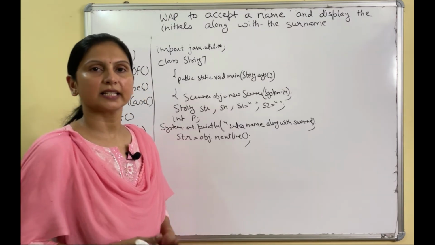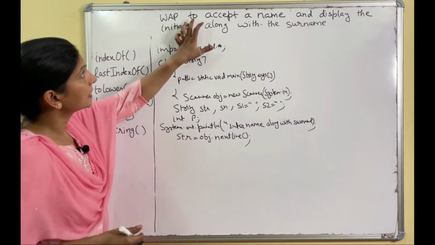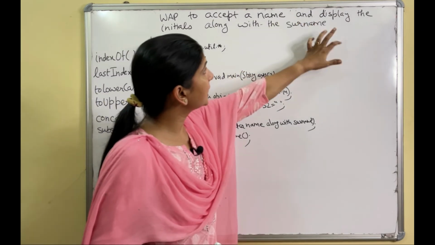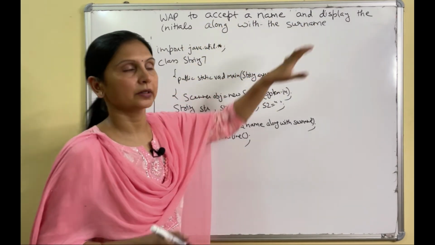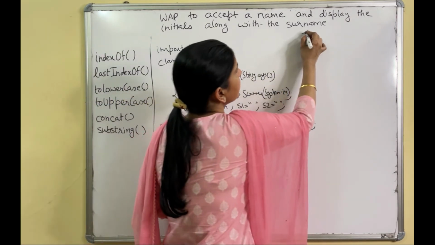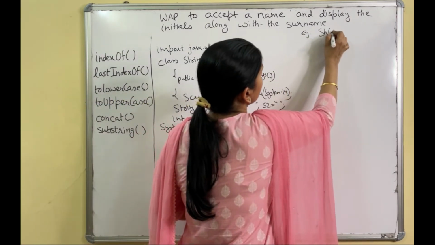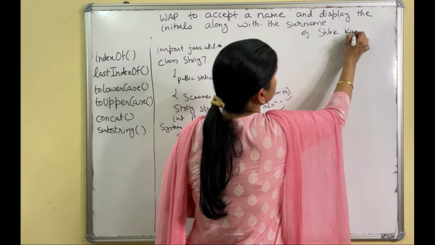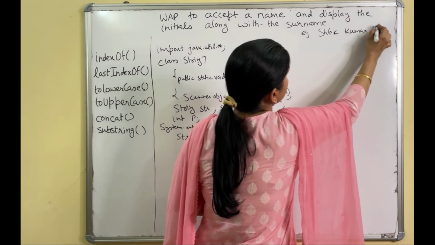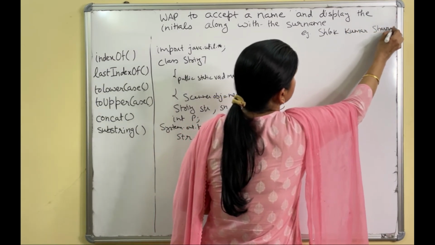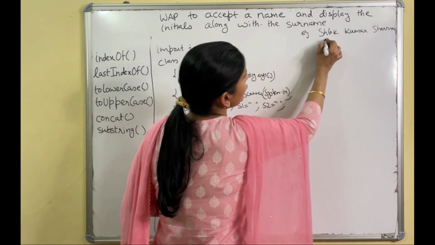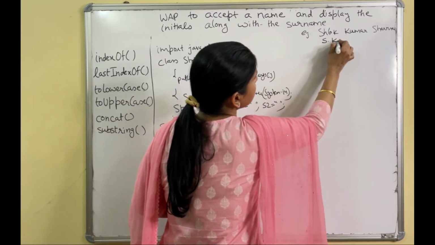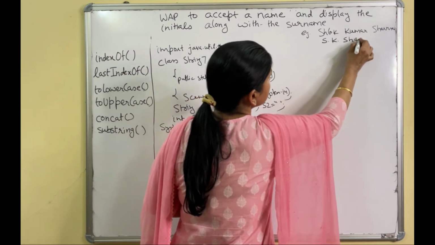Now we will see the last program, and that is: write a program to accept a name and display the initials along with the surname. For example, if the name is Shlok Kumar Sharma, let it be any name, then the output should be S.K.Sharma.